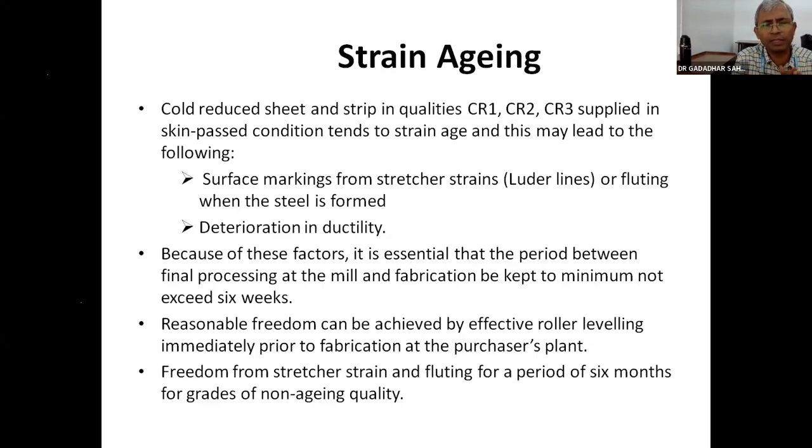That way, some stretcher marks appear, which we call Leader's lines, or the ductility gets deteriorated. To avoid that, within 6 weeks the material should be supplied to the customer. That is one thing.